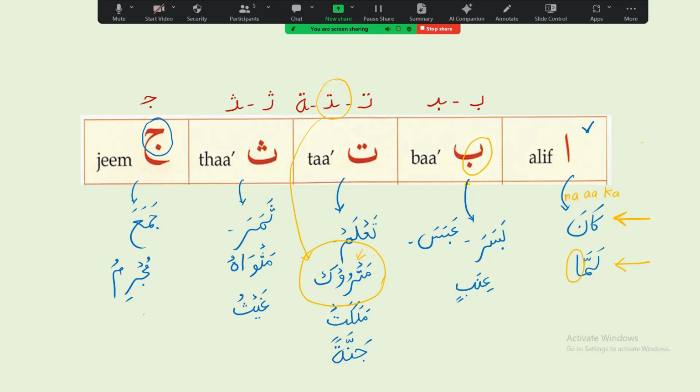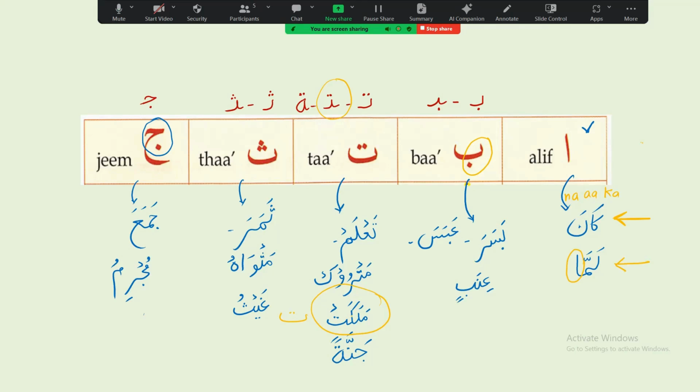When ta comes at the end, just like the ba letter, the shape remains intact, the same like this. The ta letter here is at the end. We say malakat. You hear the ta sound at the end, right?